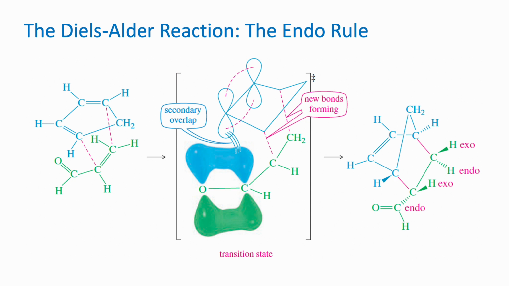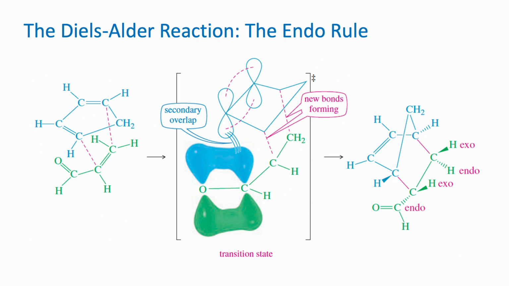So there's 4 p orbitals. So what that means is that our diene in blue has 4 p orbitals, which is going to give us 4 pi molecular orbitals. But our dienophile in green also has 4 p orbitals, so it's also going to give us 4 molecular orbitals. It also has 4 pi electrons, just like the diene.